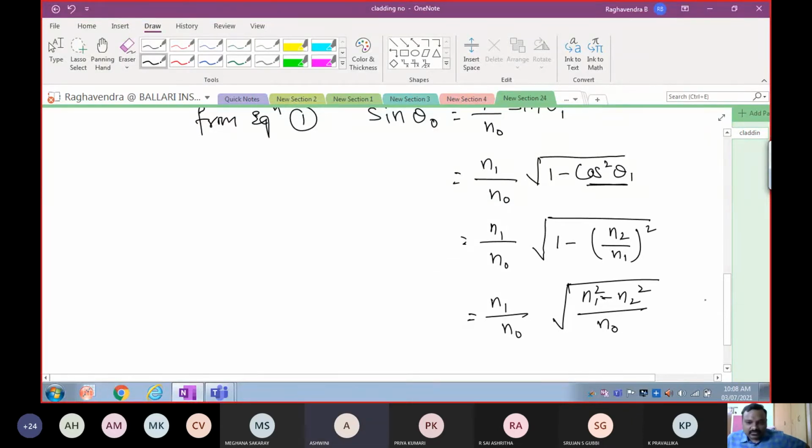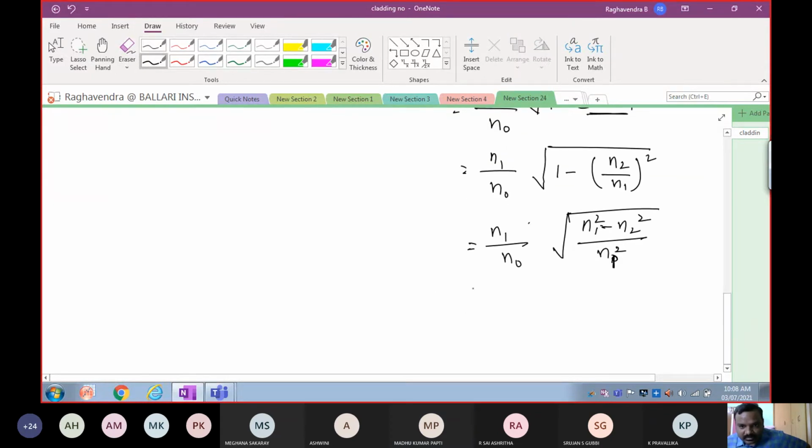This is n1 square. Okay, can we write like this? n1 divided by n0 into the square root of n1 square minus n2 square divided by n1 square. I have taken this n1 square out of the square root.